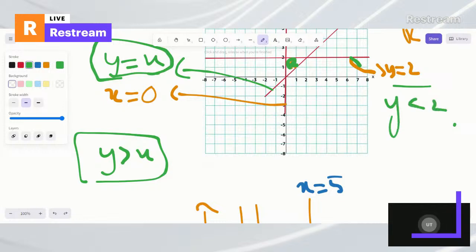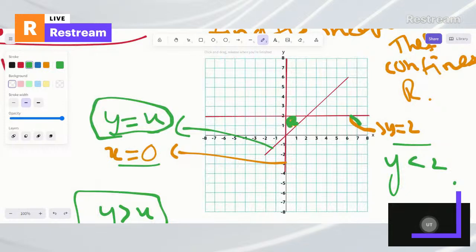Now for this vertical line x equals 0, can anyone tell me if my region R is before or after the line? If it is before the line, it's going to be x is less than 0. If it is after the line, it's going to be x is greater than 0.